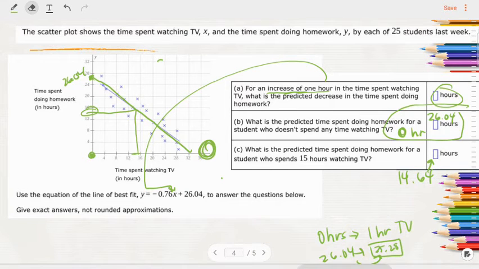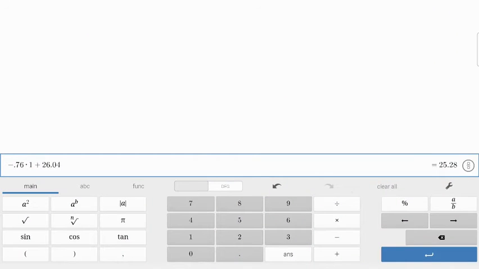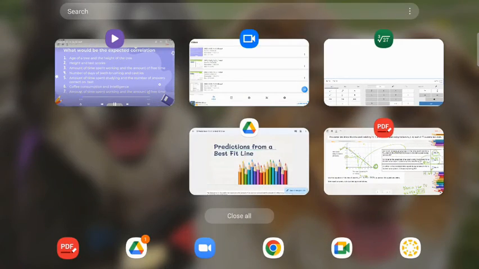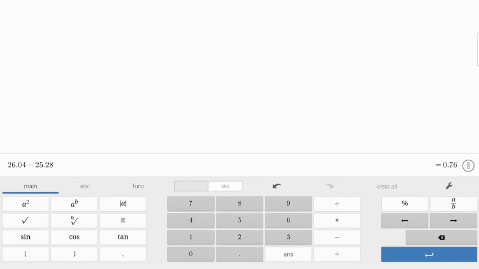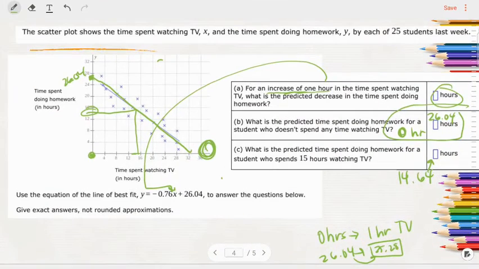What I'm trying to calculate is how much is the decrease to go from 26.04 to 25.28? What am I decreasing by? So I go to my calculator and do one last thing. So 26.04 minus 25.28. Make sure that's the right numbers. Yeah. And I can see that I have a decrease of 0.76.